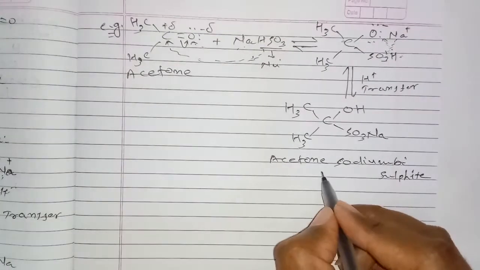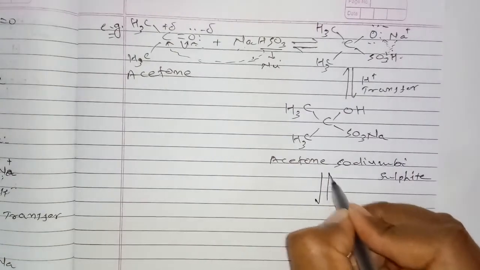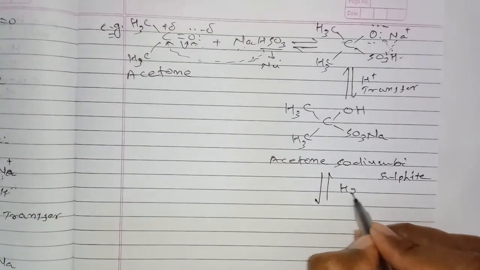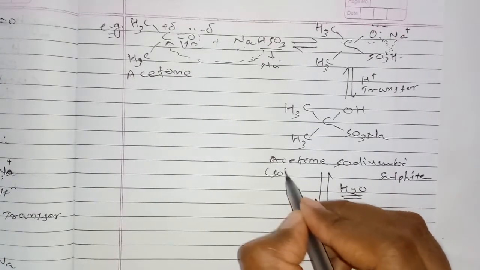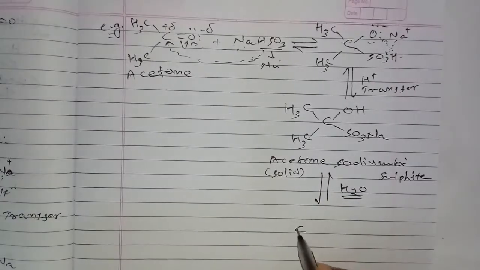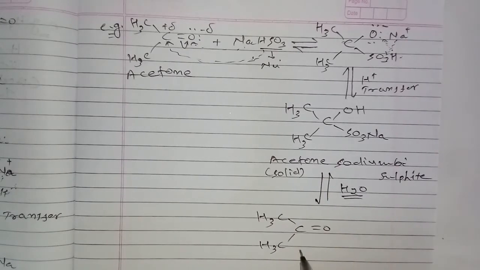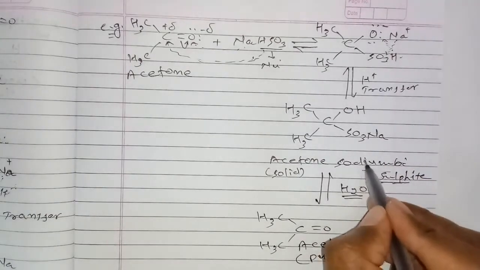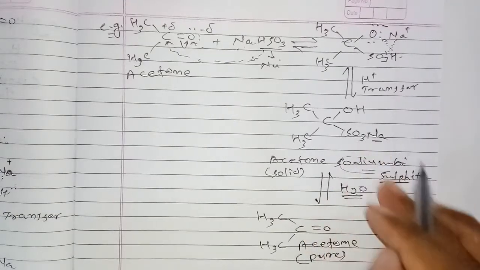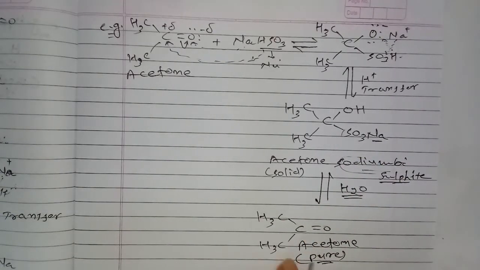To get the pure acetone, it is washed in water. It is in solid form. This sodium bisulfite salt will be dissolved in the water, and pure acetone is formed.